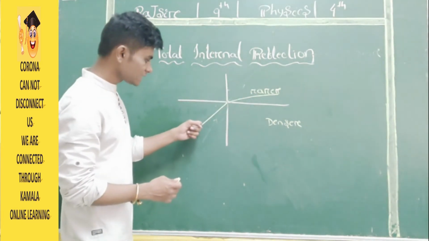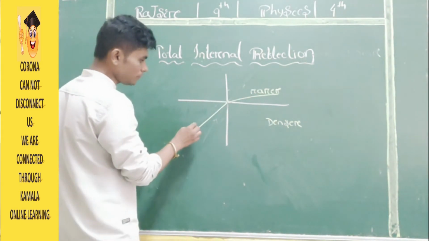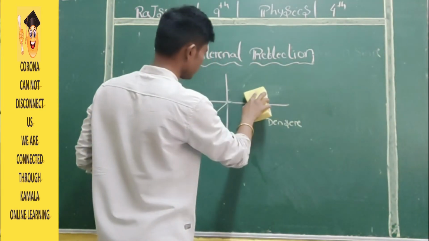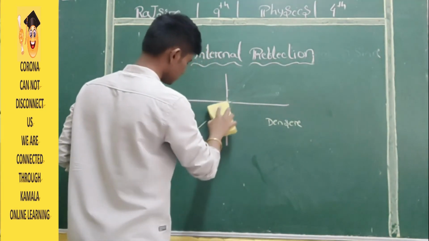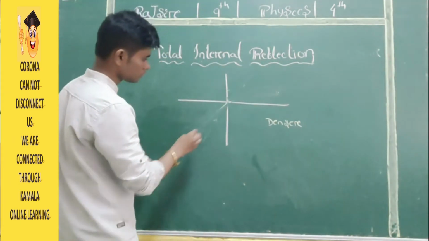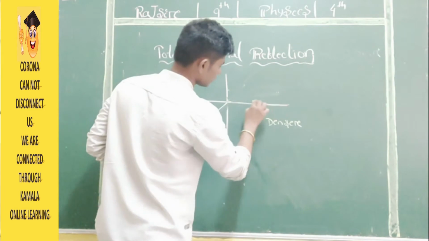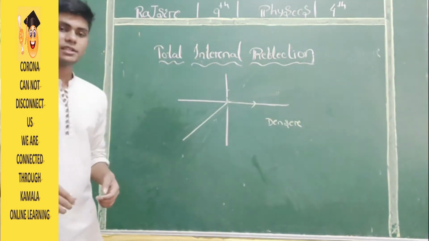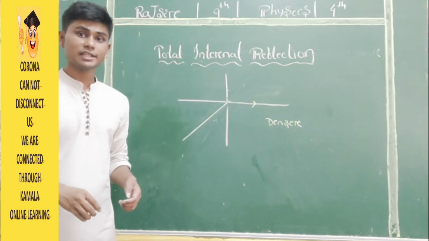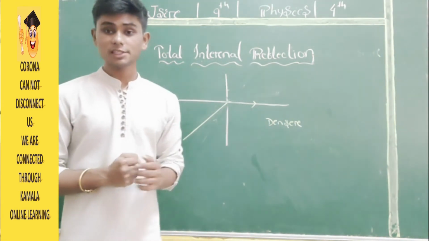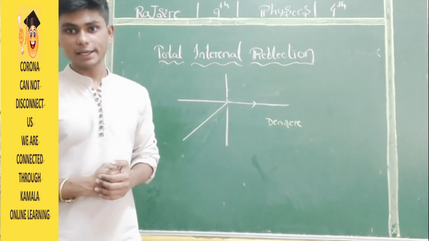And you are increasing this angle more and more. At some point what will happen? It will go straight along the interface. This particular angle is called the critical angle.